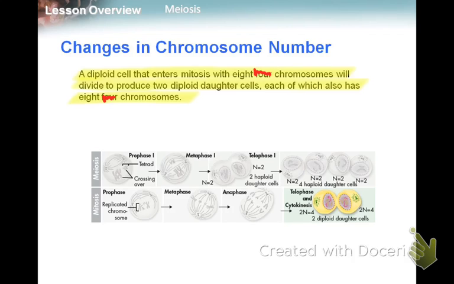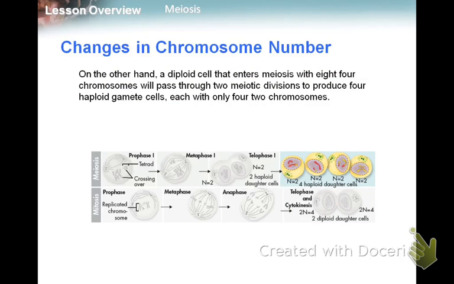So this is mitosis. Meiosis, if we have a diploid cell that enters meiosis with 8 chromosomes, it'll go through 2 divisions to produce 4 haploid gamete cells, each with only 4 chromosomes.